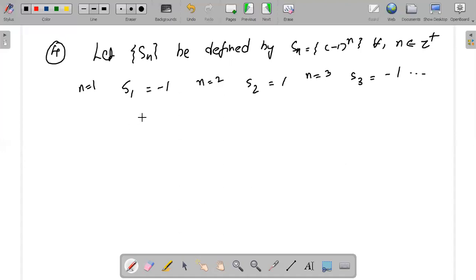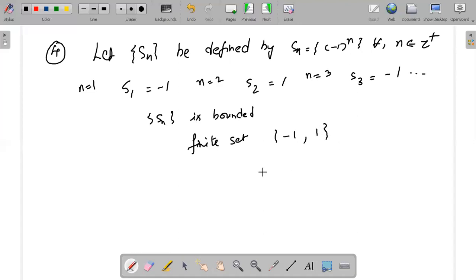So here the sequence Sn is bounded, and it is a finite set. So we have the range which is minus 1 and 1.